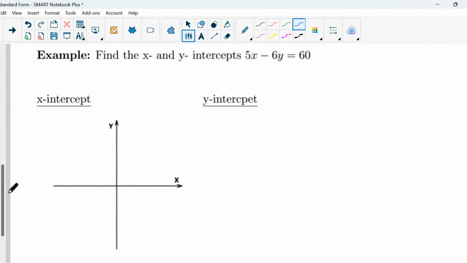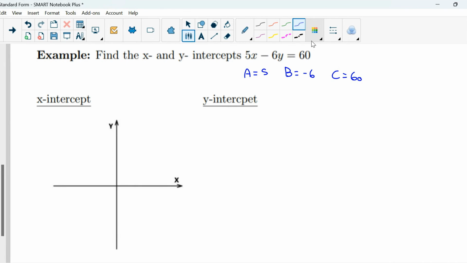We need to find the x and y intercepts of our equation, 5x minus 6y equals 60. Within our equation, we have a equals 5, b equals negative 6, and c equals 60.